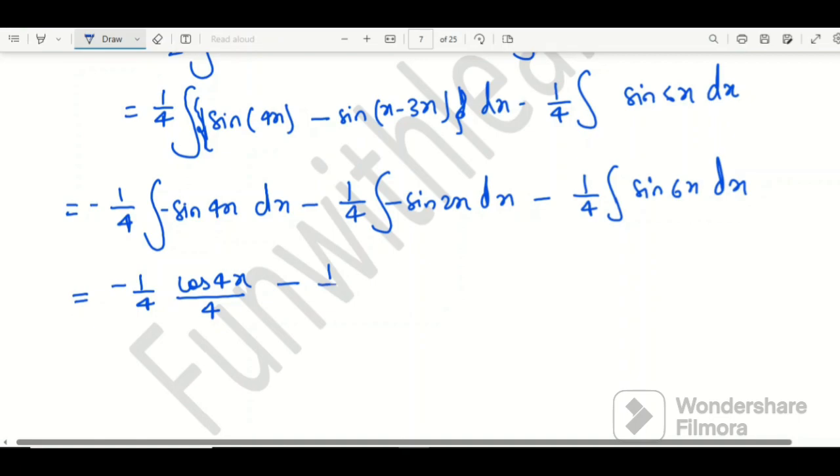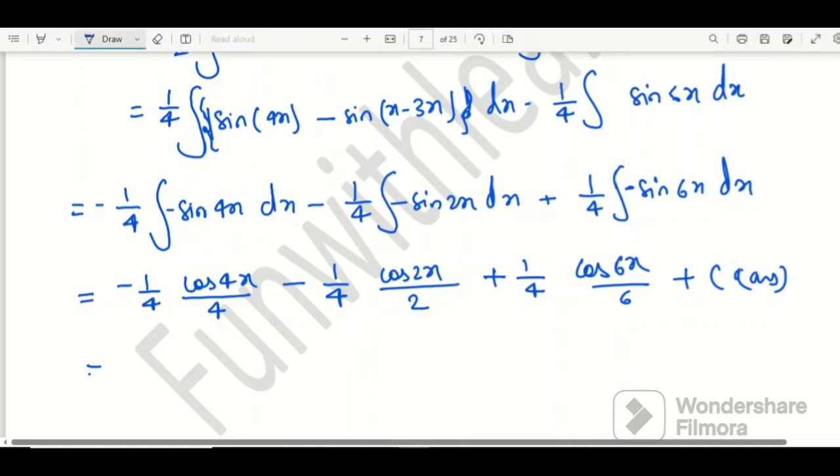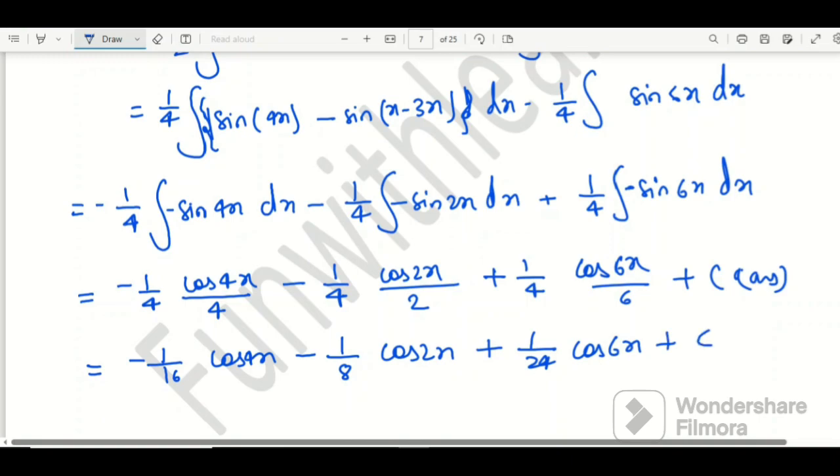Minus 1 upon 4, and integration of minus sine 2x will be cos 2x upon 2, plus I will take here minus I'll put, so it will be plus 1 upon 4, integration of minus sine 6x will be cos 6x upon 6, plus C, answer. We can simplify it more. We can write minus 1 upon 16 cos 4x minus 1 upon 8 cos 2x plus 1 upon 24 cos 6x plus C, answer.